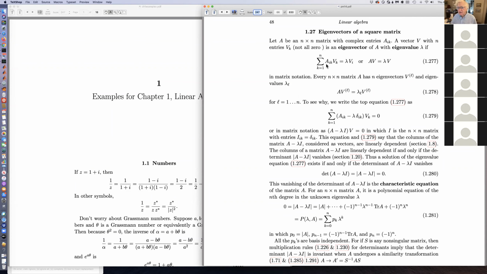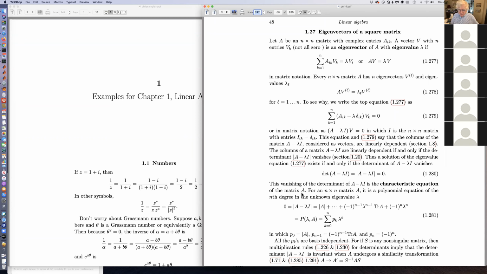This is when the columns of A minus lambda I are linearly dependent, which also means that the rows are linearly dependent. Anyway, the vanishing of this determinant is an equation that's called the characteristic equation of the matrix A.